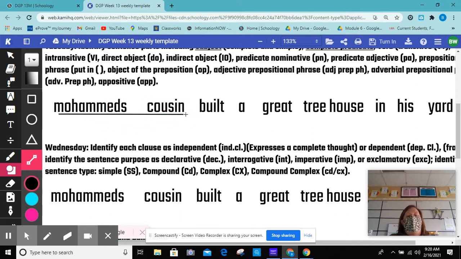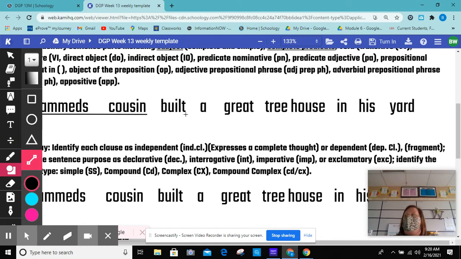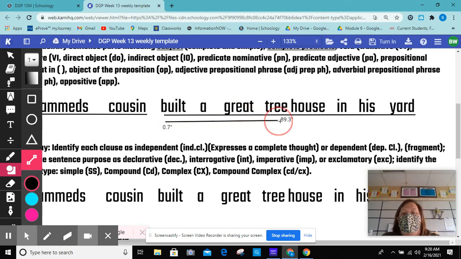All right, now, what did Muhammad's cousin do? Built a great tree house in his yard. Okay, so that is the action of the sentence. How many times do we underline the action? Twice. And this is called the predicate of our sentence. The simple predicate is built, and the complete predicate is built a great tree house in his yard.